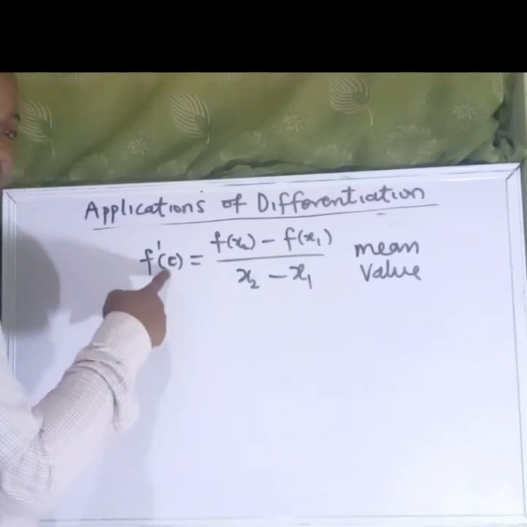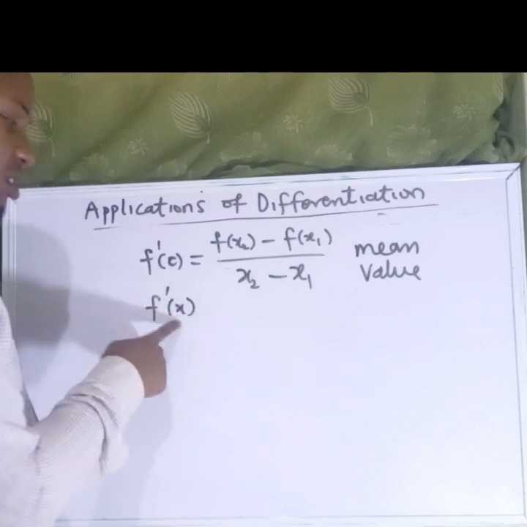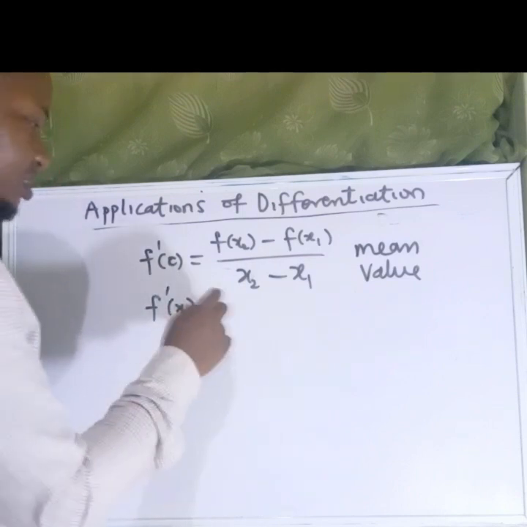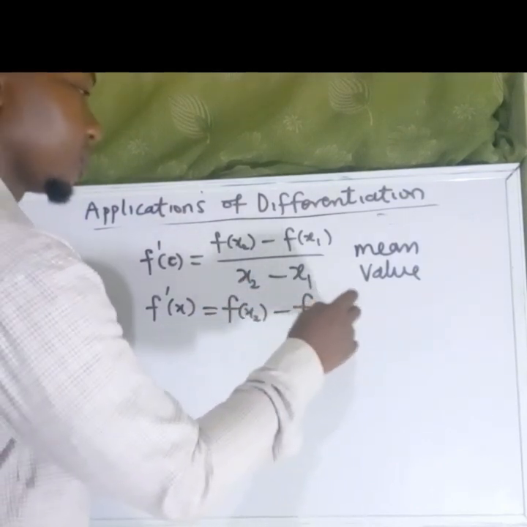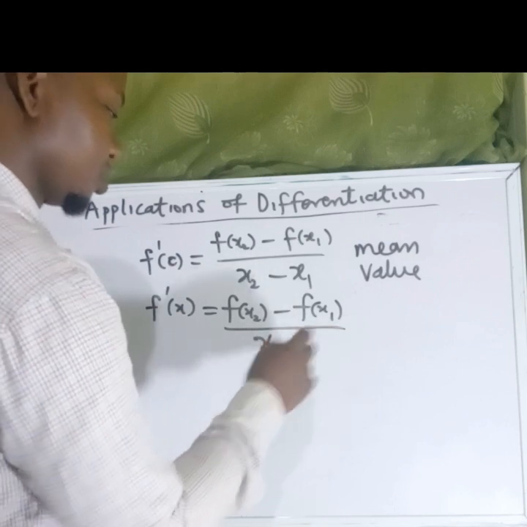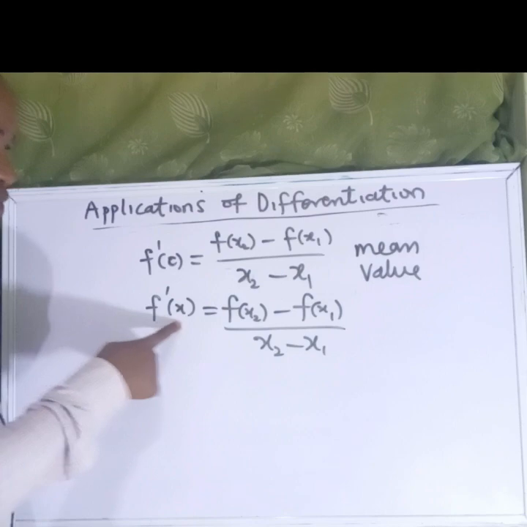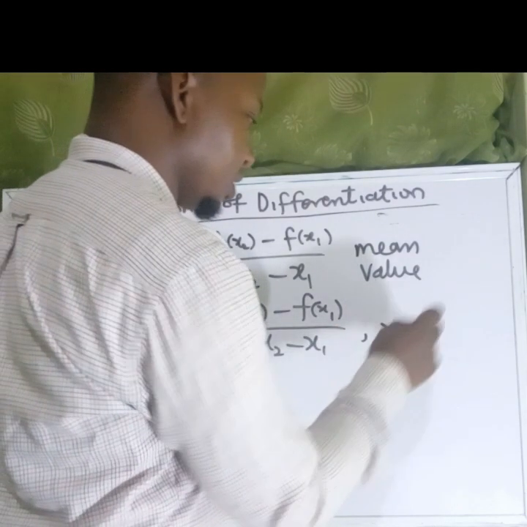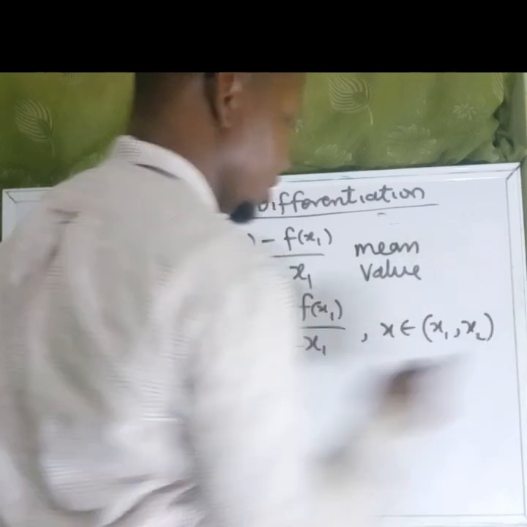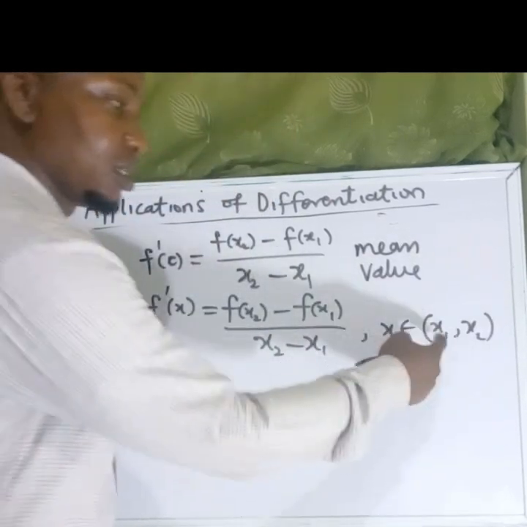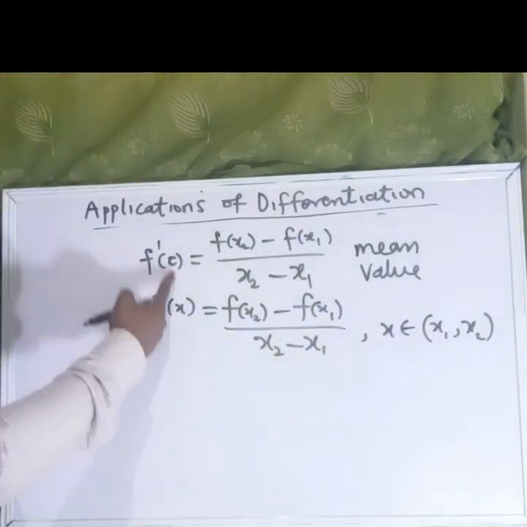This is fixed, just 1 point, and it can also be changed to any point within the interval. This one is not movable, but this is movable within this interval; x is in between x1 comma x2. It is an intermediary point between x1 and x2, so this x is a variable, this is a constant.